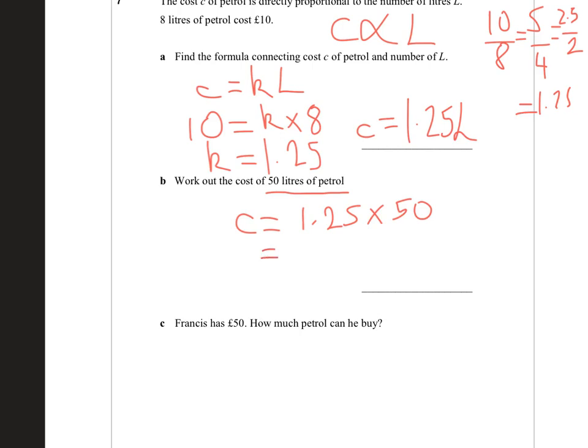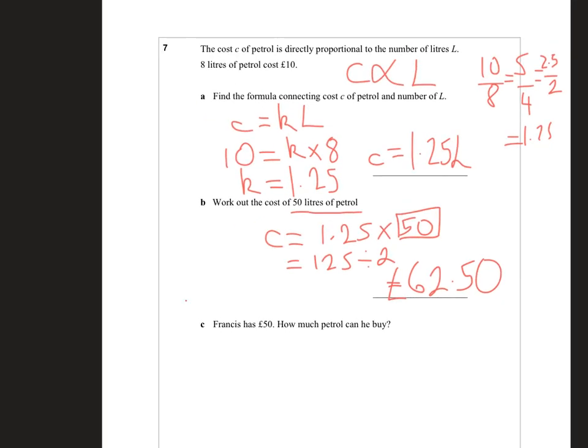So this is the same as 125 divided by 2, 62.5. But it's money, so £62.50. This one was surprisingly easy. I don't think they'd realised this. Lots of you did this one correctly.